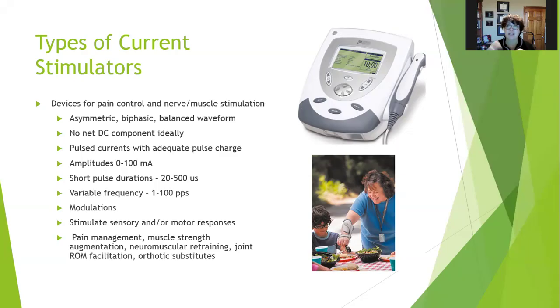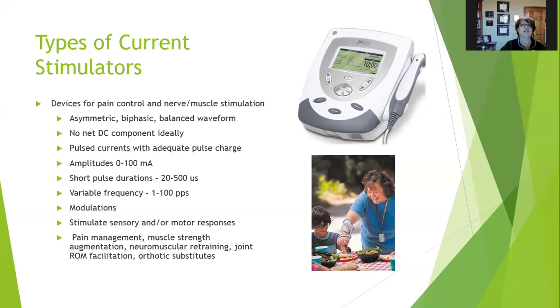Sometimes people with neuromuscular issues need high volt because they don't respond to that lower voltage. Short pulse durations from 20 to 500 microseconds stimulate sensory or motor nerves. Variable frequency, so frequency is pulses per second or cycles per second. And modulation, being able to modulate either the frequency or the amplitude in order to slow down the accommodation of the nerve cells.